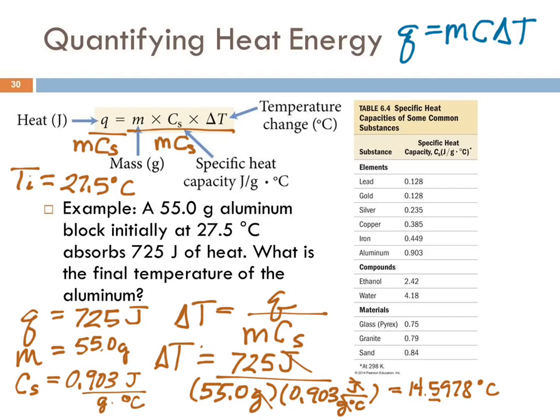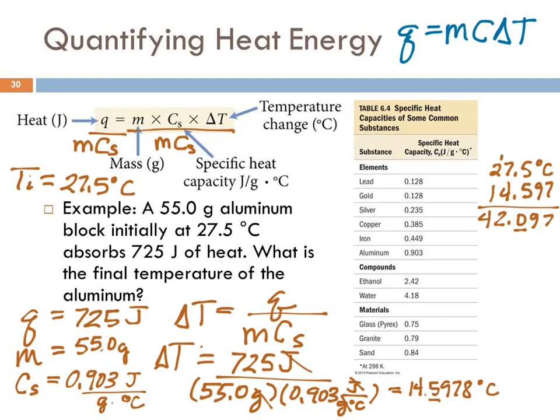So we've got the initial temperature of 27.5 degrees Celsius, and we're adding the change, 14.5978. Did I do that right? Where's the uncertain digit in this 42.097?